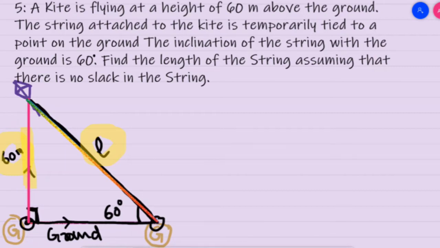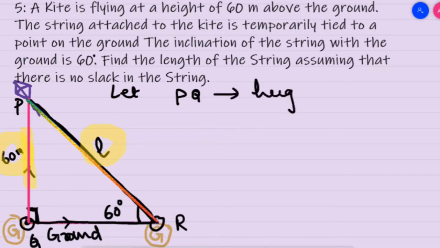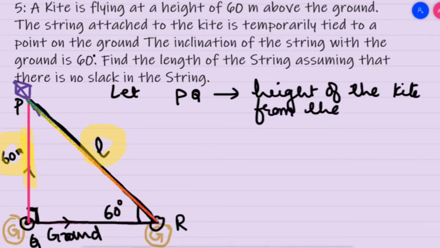Now first of all, let us give names to the points: P, Q and R. Let PQ be the height of the kite from the ground.